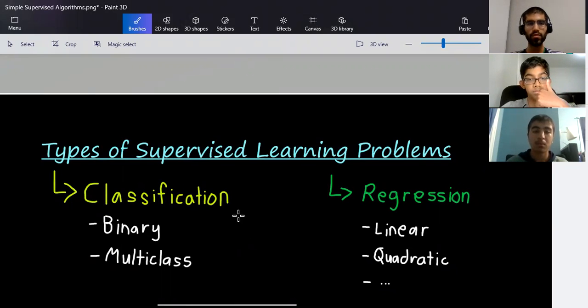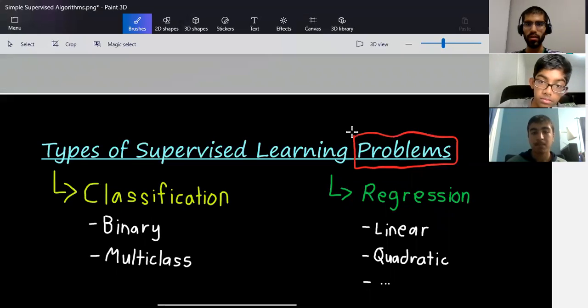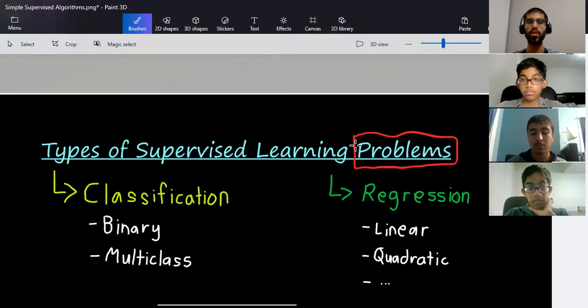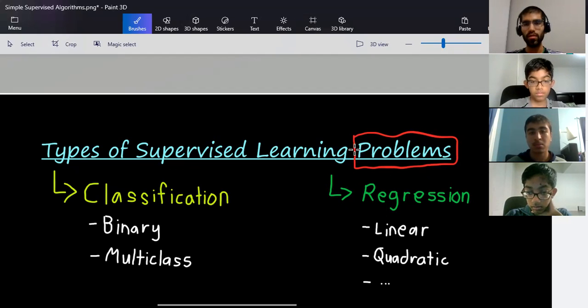All right. So I want to make this distinction here. This is about the problems, okay? When it comes to these problems, there are multiple ways of solving these problems. There are multiple AI algorithms that we can use to work on these problems. Now, the one problem that we're going to be focusing on today mainly is regression.